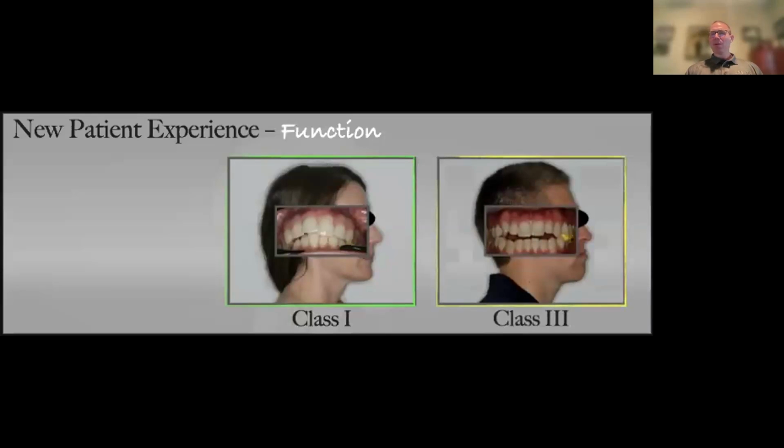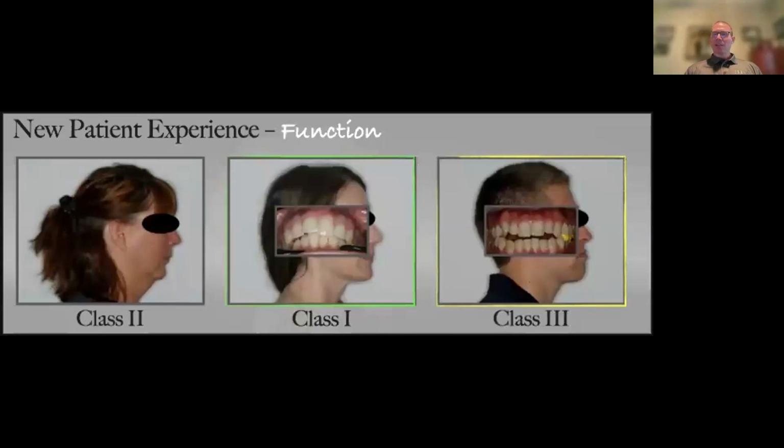And I put them more at a moderate risk for treatment, not because of the way they function, because class 3 patients typically function in a vertical fashion, but it's the type of treatment that's needed to fix it. These are skeletal discrepancies. And when there's a skeletal discrepancy, it's going to include some type of orthognathic surgery. But the majority of patients that we see have some form of class 2.